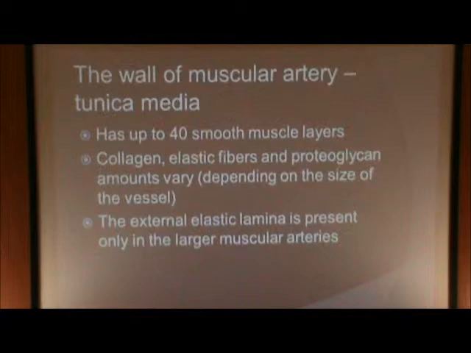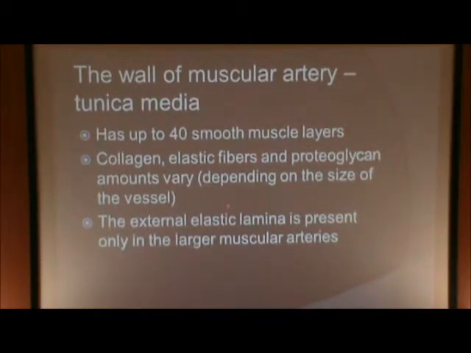Here we have 40 layers of smooth muscle cells, which are present in the tunica media. Between smooth muscle cells, we have collagen, elastic fibers, and proteoglycan.